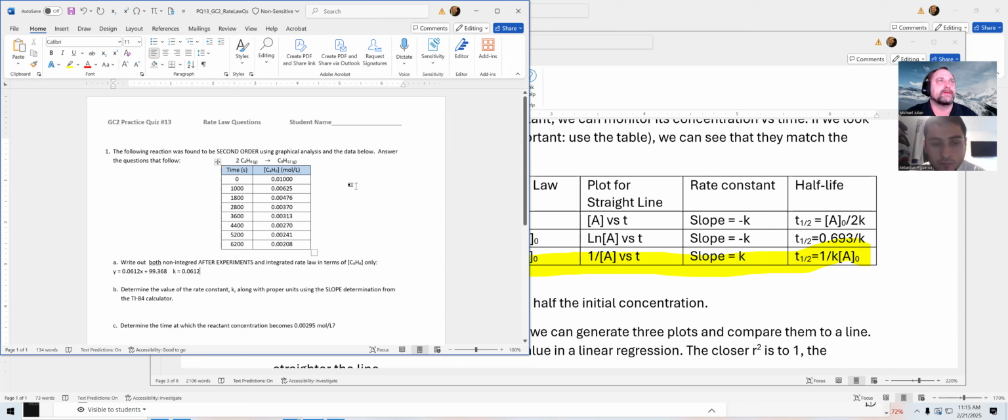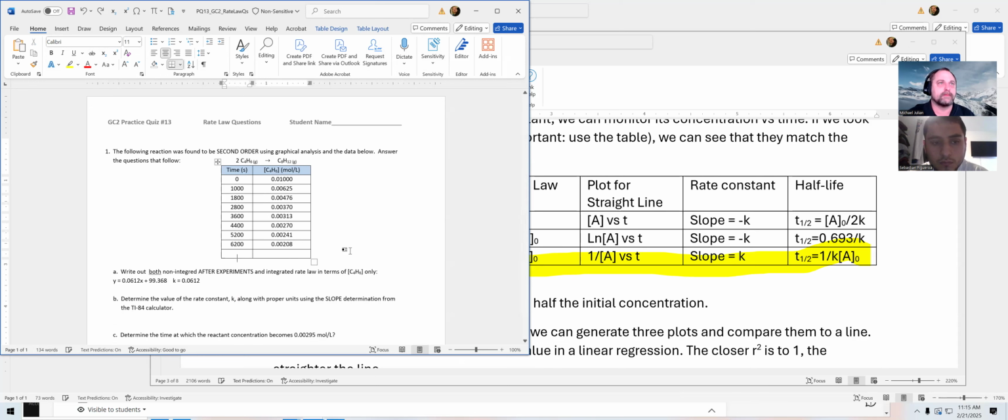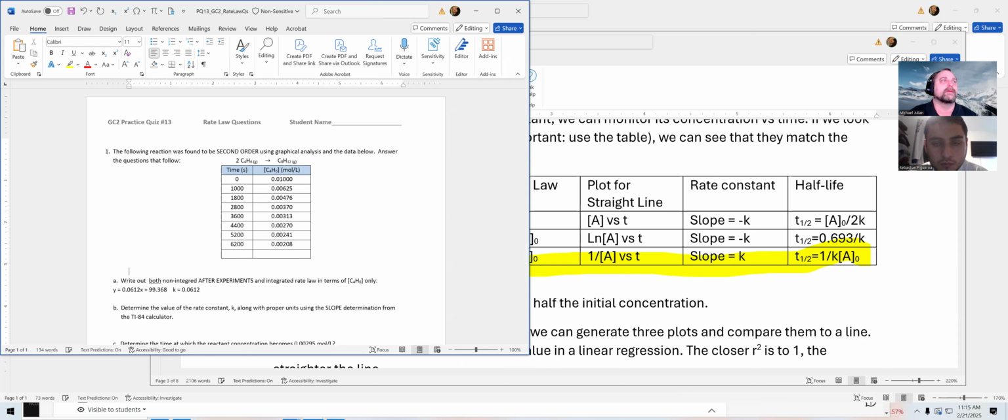So when it asks us to do these things, let me get us a text box, or I could just draw it right here. Before the experiment, the equation we knew was rate equals k times our C4H6 to the n power.